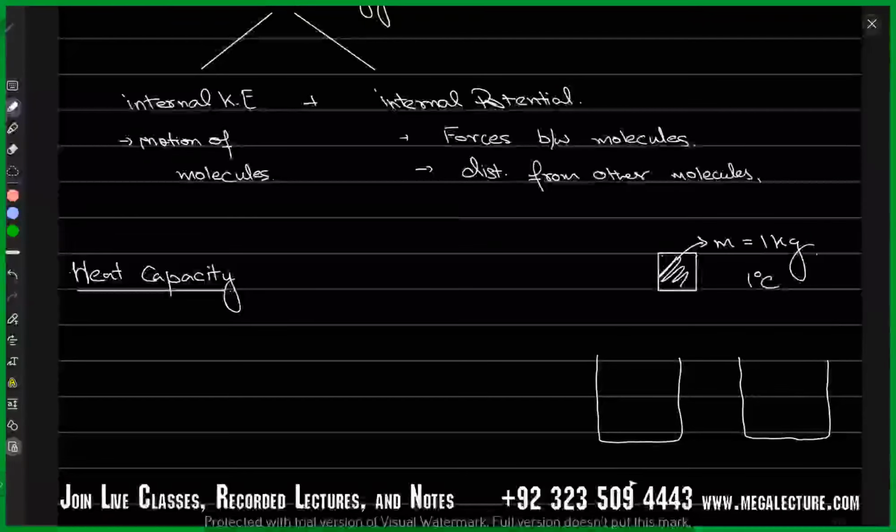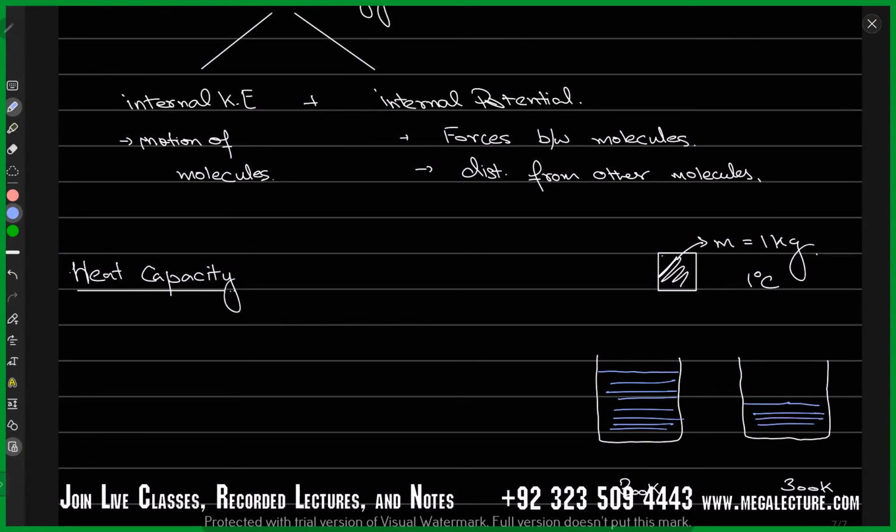So suppose it's room temperature, 300 kelvins, and this is also at 300 kelvins. The only difference is that the mass of water inside one of these beakers is more compared to the mass of water inside the other beaker.